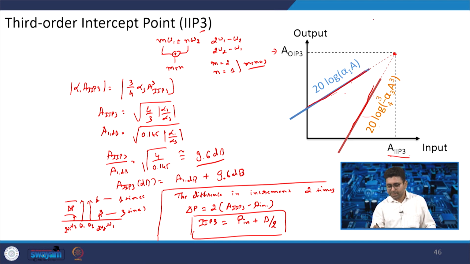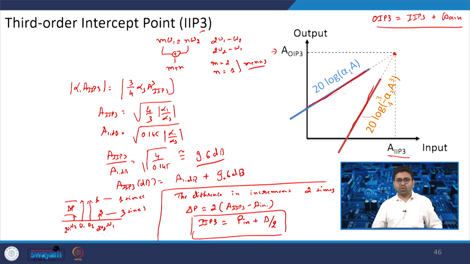Because gain is involved, OIP3 is equal to IIP3 plus gain, where this is the gain of the system. So, if you would like to find the OIP3, the gain is added. Otherwise, IIP3 is the point at which your first order and third order intercept, called the third order IIP3.